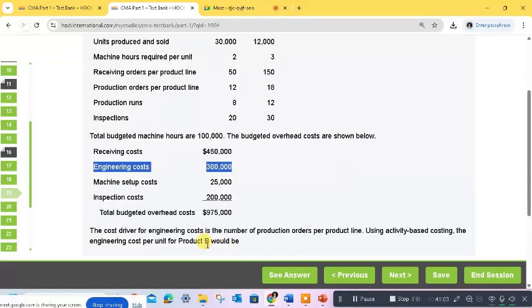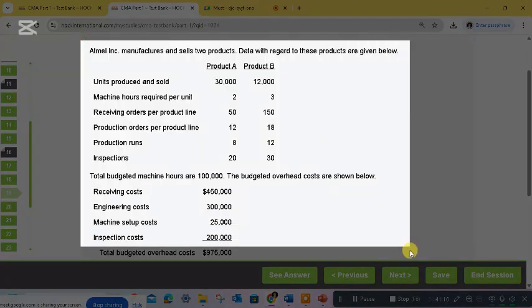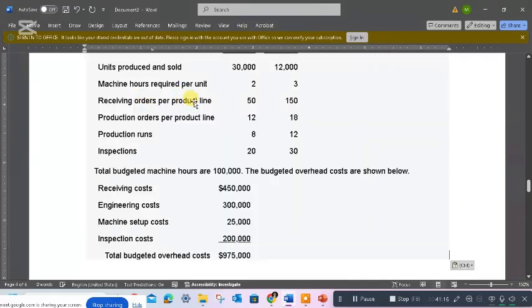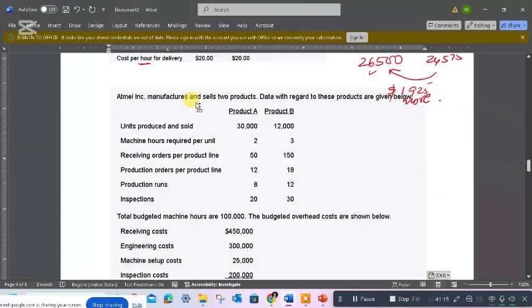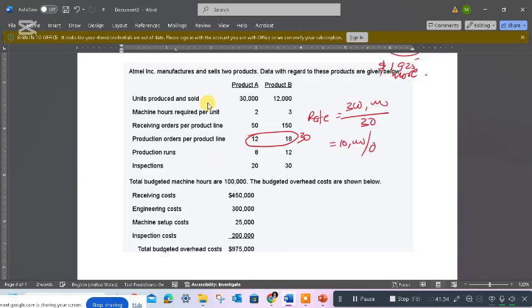Then they are asking for which product? Product B. Wait, I'll do it. If I do everything by heart, it will be hard. Okay. So these two together 30. So the rate is going to be 300,000 divided by 30, which is 10,000 per order.